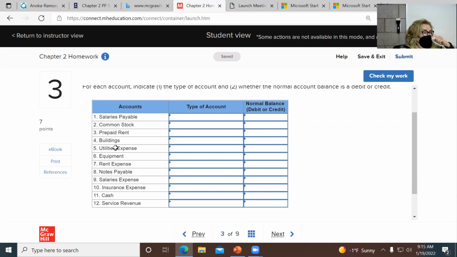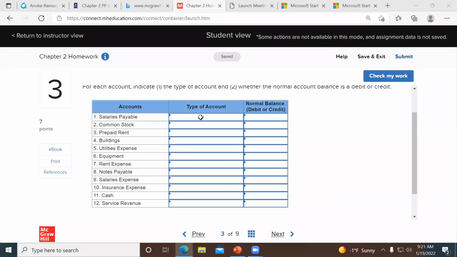Okay. And then they want to know the normal balance. Remember that sheet I said is a great sheet to have near you? DEA, dividends, expenses, and assets have normal debit balances. LOR, liabilities, owner's equity, and revenue have normal credit balances. Let's take a moment and try to do this, okay?